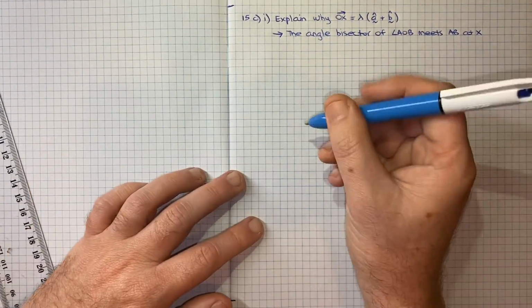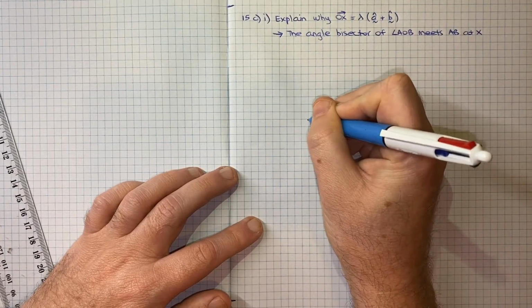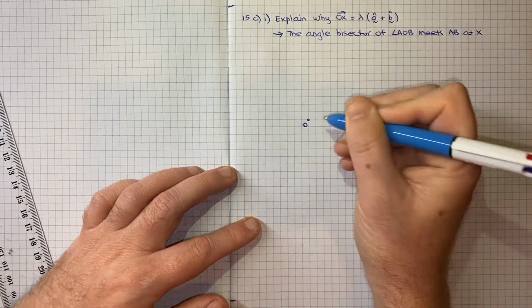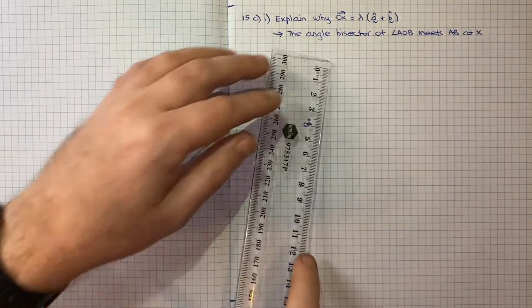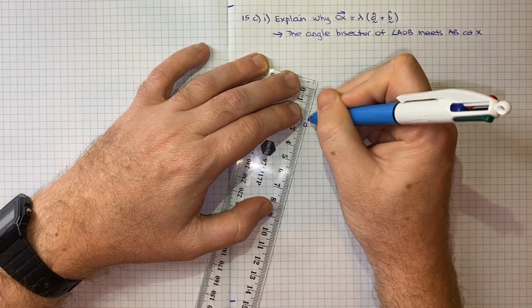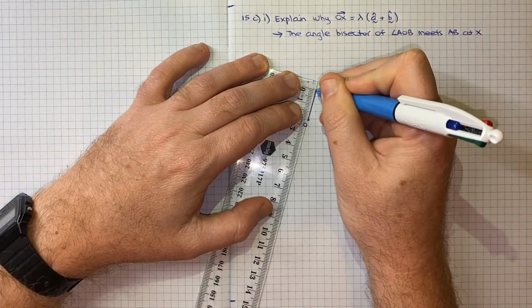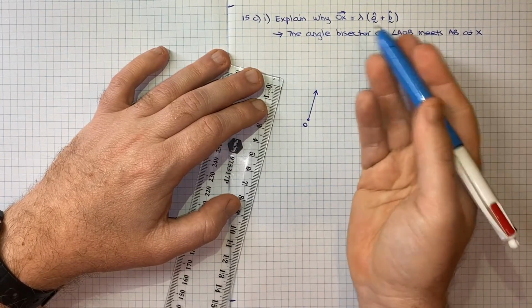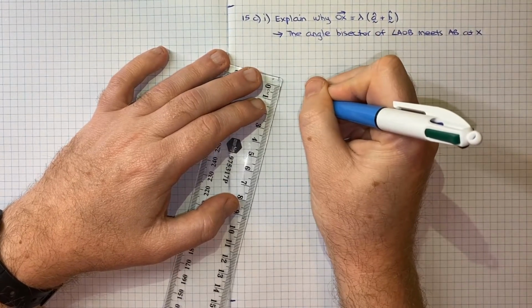So what I might do is start by picking a point for O, and then I can draw A hat vector as being in the same direction as A vector, but just having a length of 1. Essentially it's the unit vector.